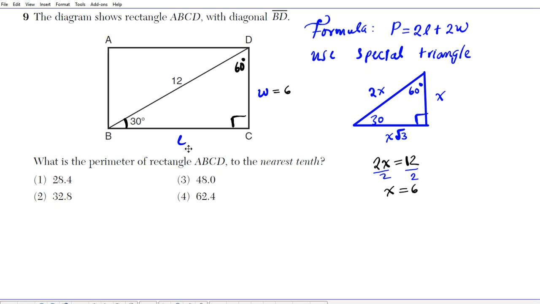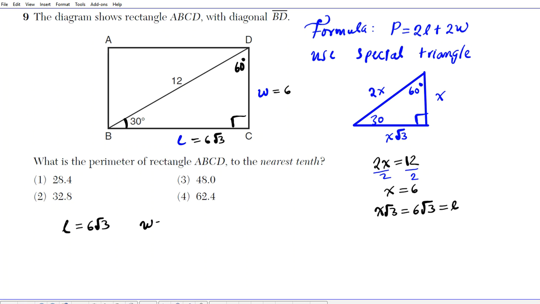We also need the length. So the length is x root 3. So if x is equal to 6, that means that x root 3 is going to be 6 root 3. And that will be our length. Okay, so this would be 6 root 3. Now we are in business. We know the length and we know the width.